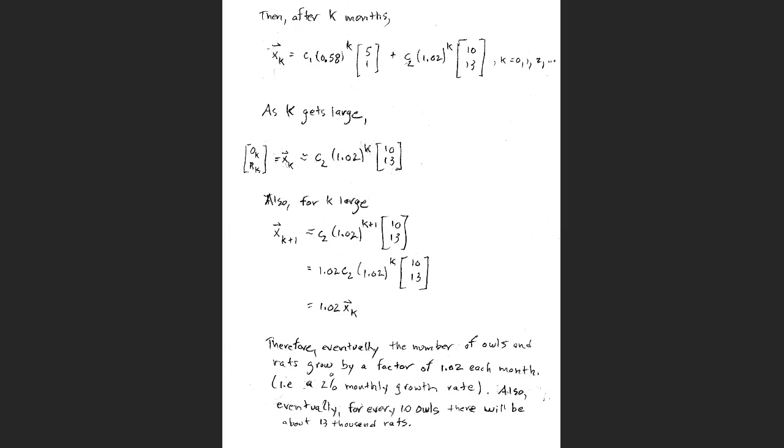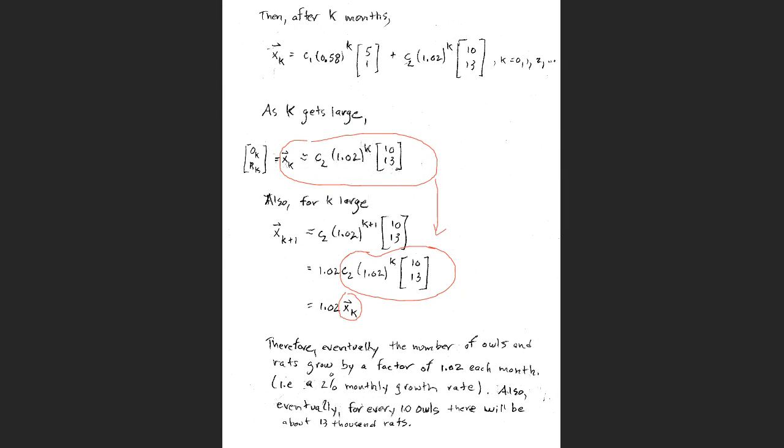So based off of this, we get that that's x sub k. So now, you see, we can do some interpretations.